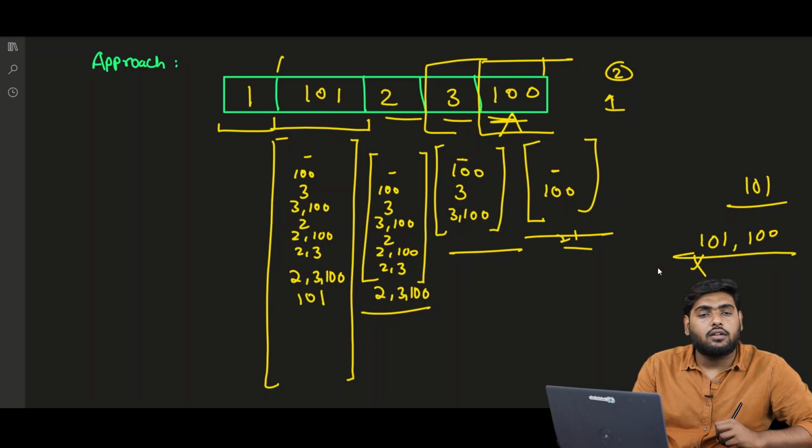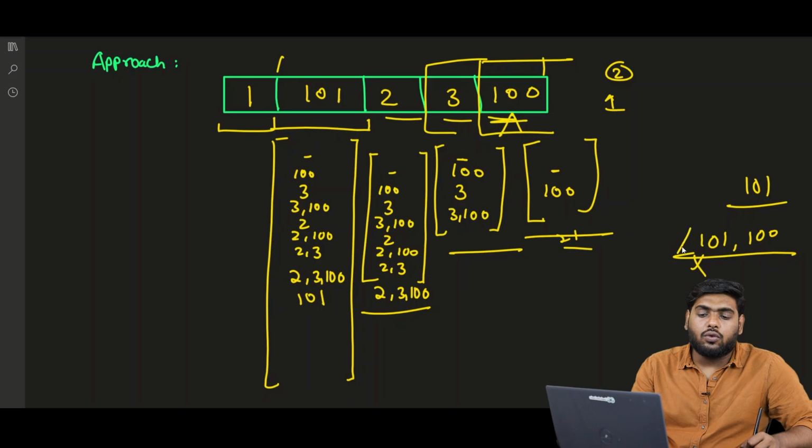It is not, right? It is not in sorted order. That's why we are not going to consider this subsequence. Again, 101 with 3, not considered. 101 with 3, 100, no chance, not considered. Only individually it will be considered.